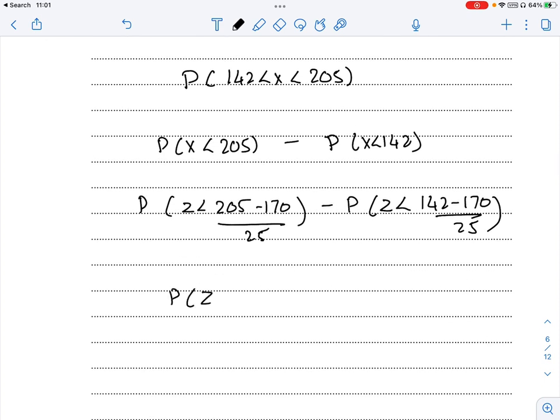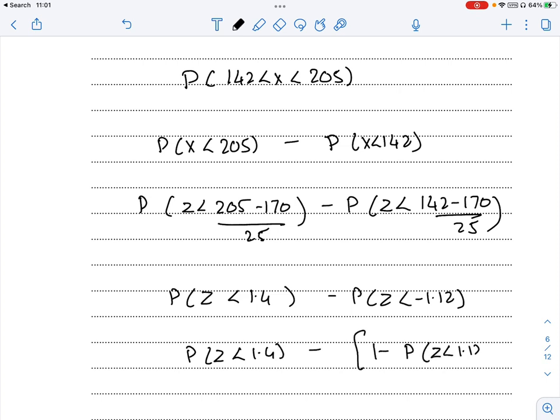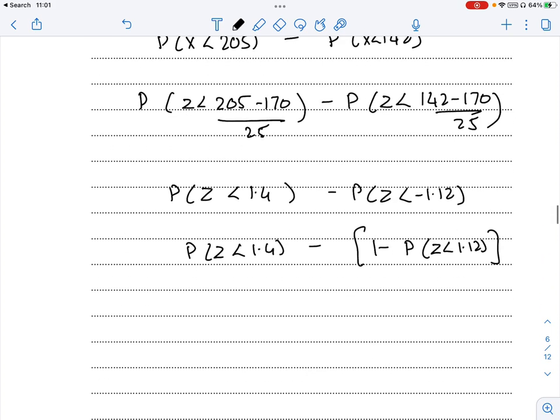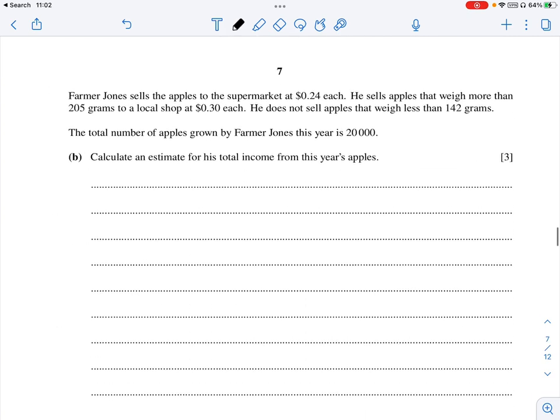So probability of Z less than 1.4 minus probability of Z less than negative 1.12. So probability of Z less than 1.4 minus (1 minus probability of Z less than 1.12), since negative to positive is 1 minus. Now 0.9192 from the table minus 1 plus 0.8686. Simplify that, 0.788 is going to be the answer.